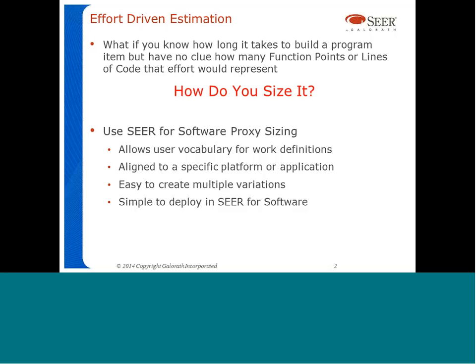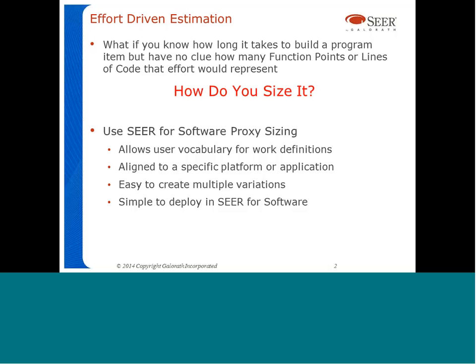Okay, so you can use proxy sizing in SEER. They allow you to estimate or to size your project using vernacular or vocabulary that you and your estimators and your developers are familiar with. Okay, the proxies are going to be aligned to specific platform and application type, and you can use the proxies to create different project variations, different scenarios, and different combinations using the same proxy.